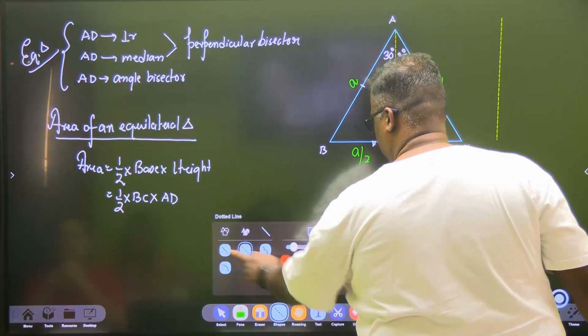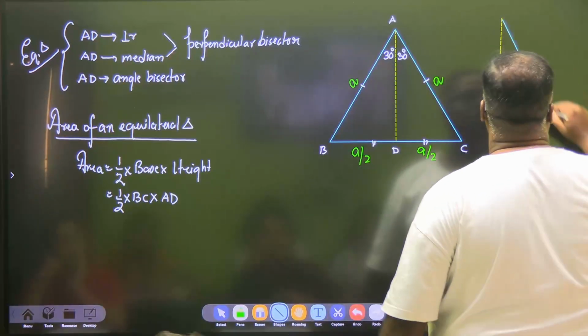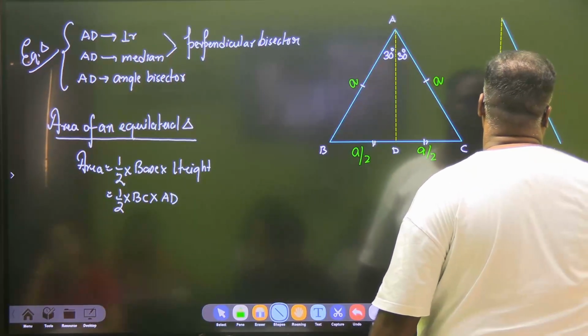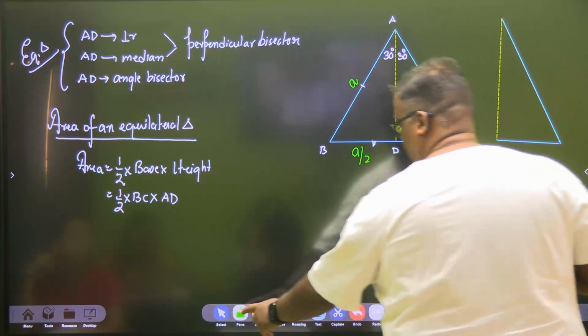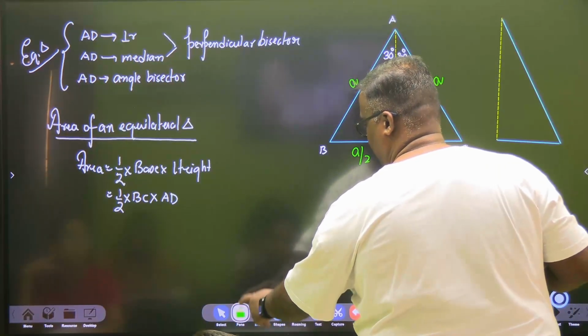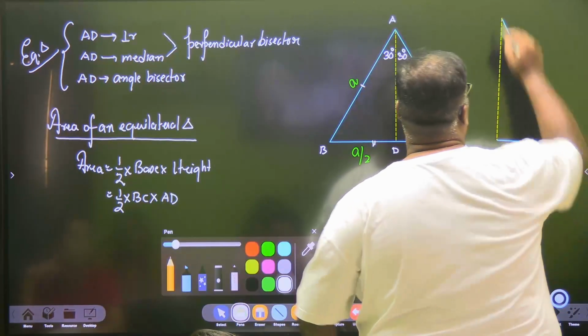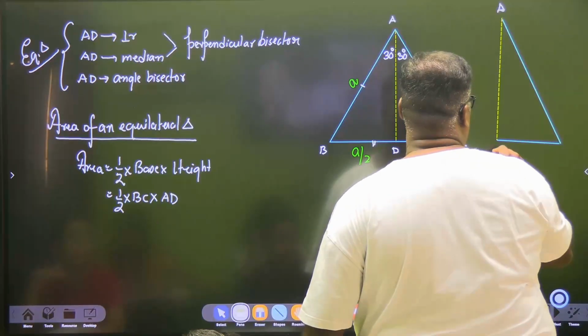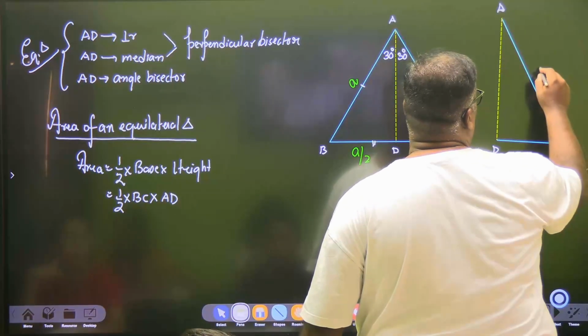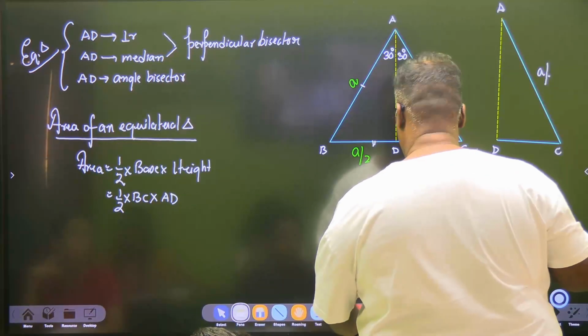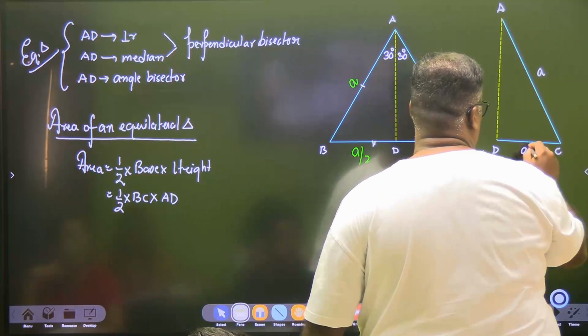Now put your eyes on only one half part of the triangle. I name it ABD, where this measurement is A by 2.